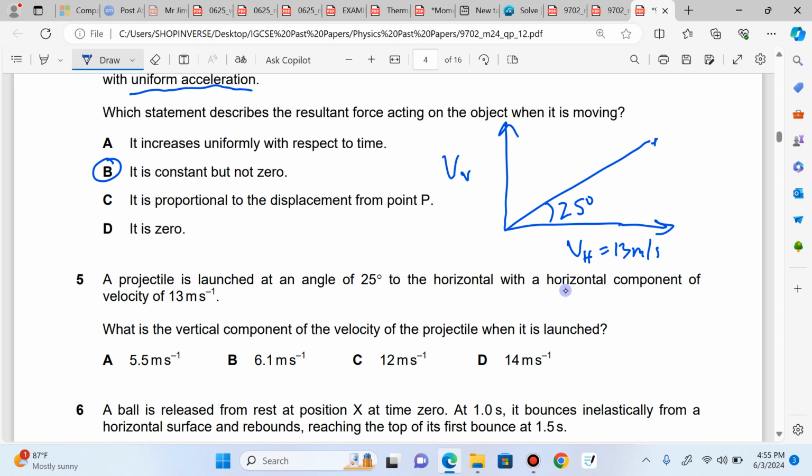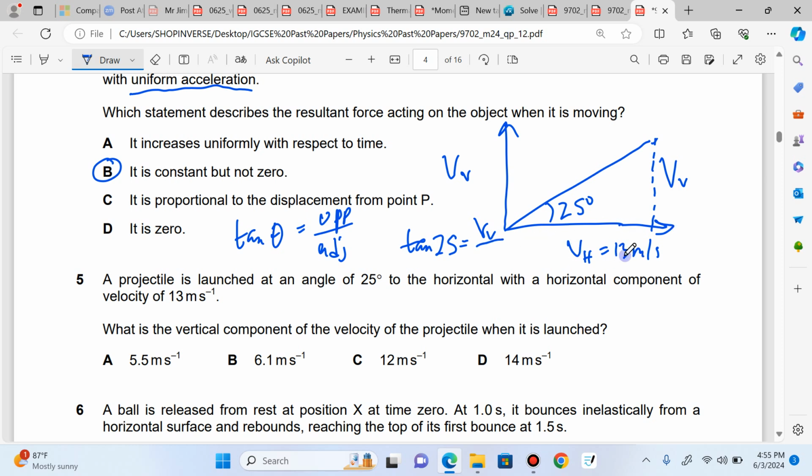So if I put that here and call it the vertical component of velocity, from trigonometric ratio, you agree with me that tan theta equals opposite divided by adjacent. Since angle theta is 25 degrees, we can say tan 25 is equal to, what is the opposite here? That is the unknown, the vertical component of velocity we are looking for, divided by, what's the horizontal component?